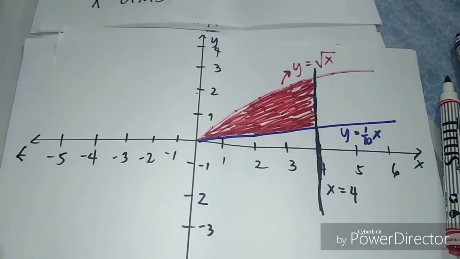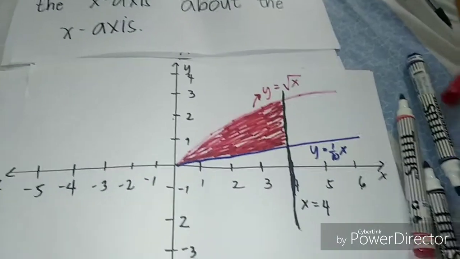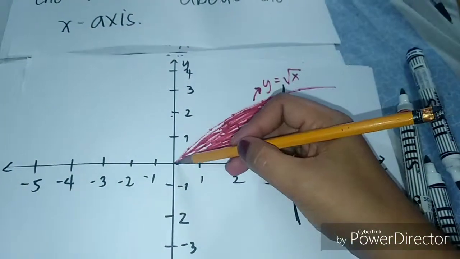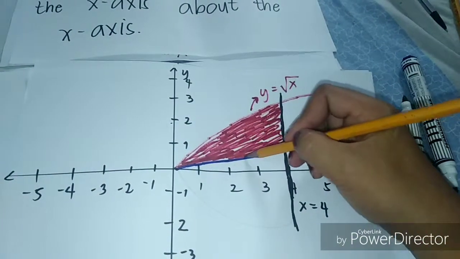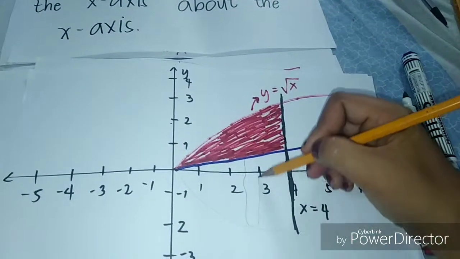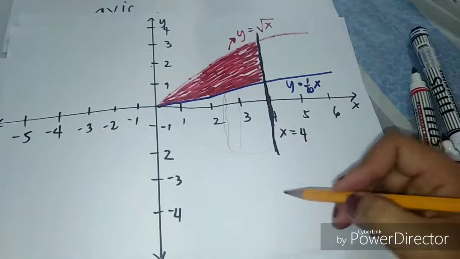Now, we're going to rotate this region about the x-axis. So we're going to have here a rotation, and it will become this one.